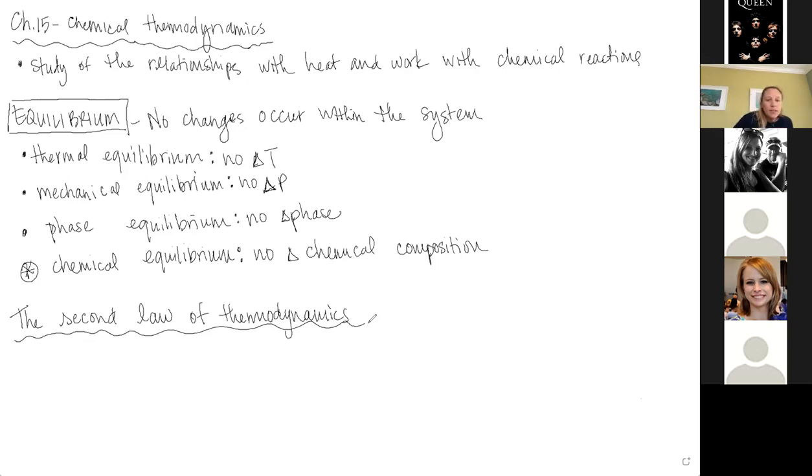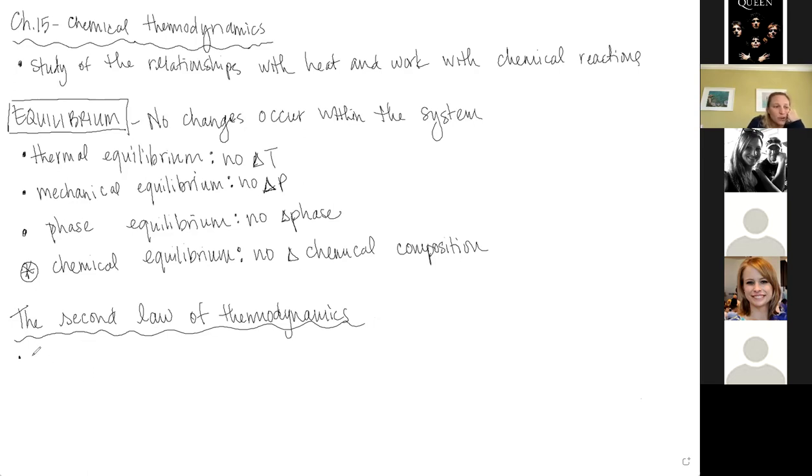Okay, so second law of thermodynamics: the entropy of the universe is always increasing for any spontaneous process. There are several ways that we can phrase this. The quality always flows towards less organized, heat is always dissipating.